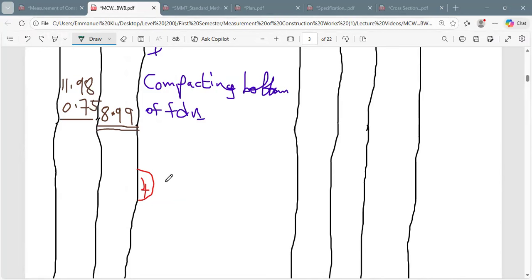We say surface treatment or earthwork support.